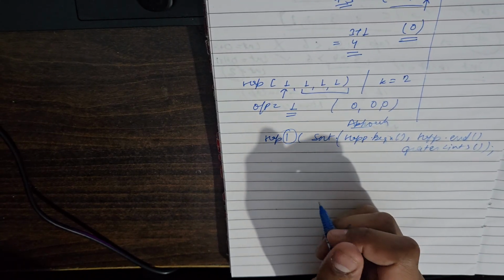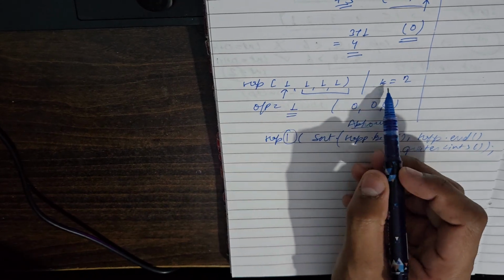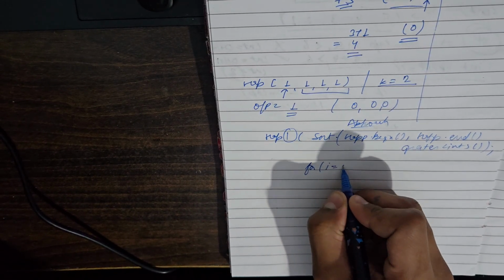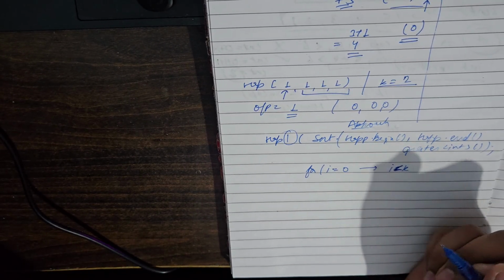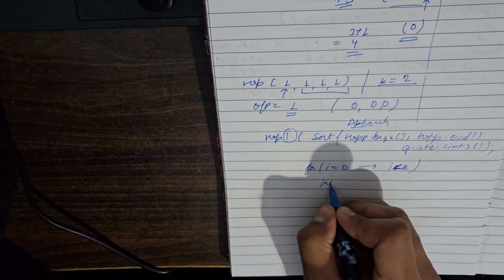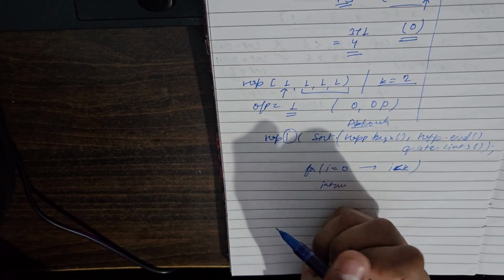Then we are going to iterate up to k operations. So we will run a loop from i equals 0 while i is less than k.